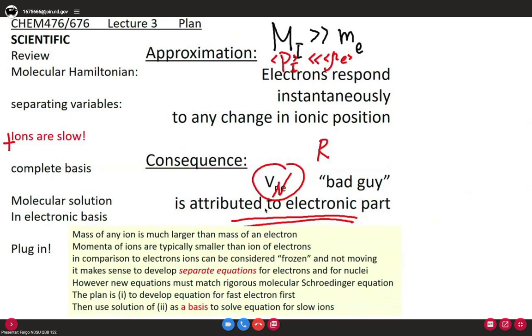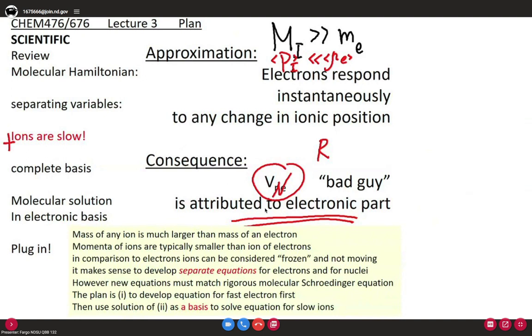So if we want to know shapes of electronic clouds, if we need to solve for electronic degrees of freedom, we can temporarily, as an approximation, assume that nuclei are point charges that are nailed down and do not move at all. This is not correct. This is an approximation, but it is a very good approximation.